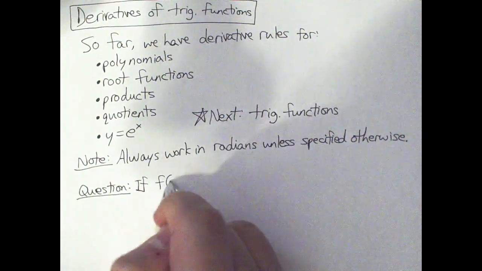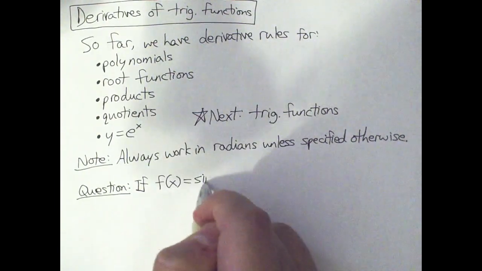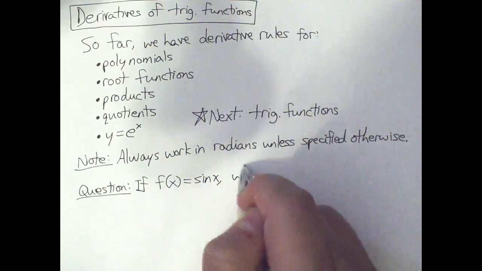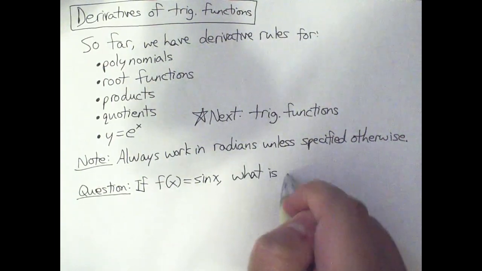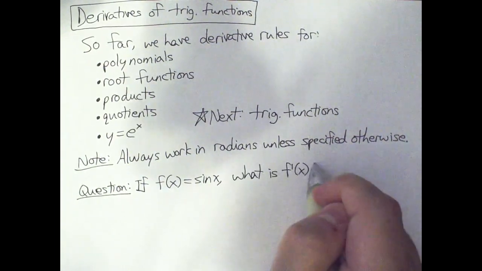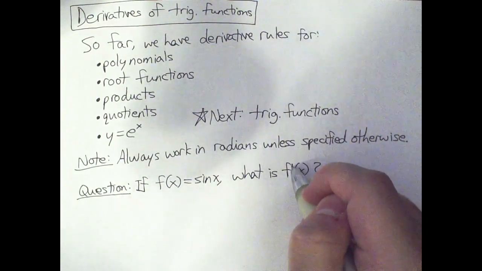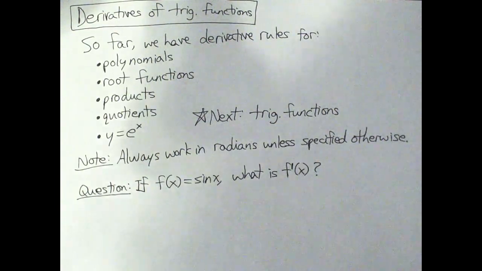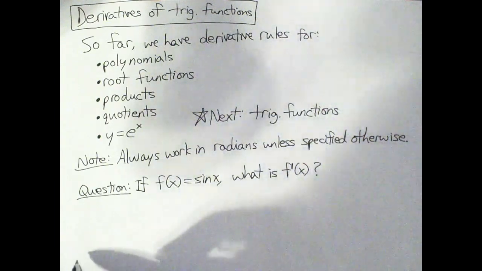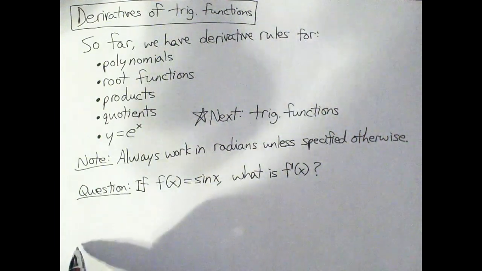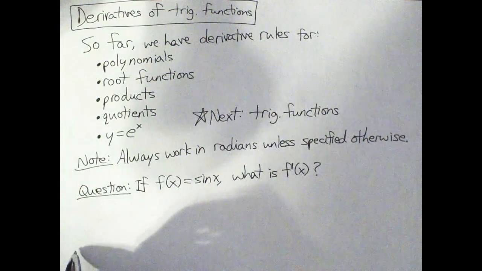So if f of x equals sine x, what is f prime? That's what we're going to start with. And I'm saying we're not going to set up the limit as h goes to 0 and do all that. We're going to look at the graph instead. So I'm going to draw a picture of the graph of sine x, and I'm only going to draw probably one period.